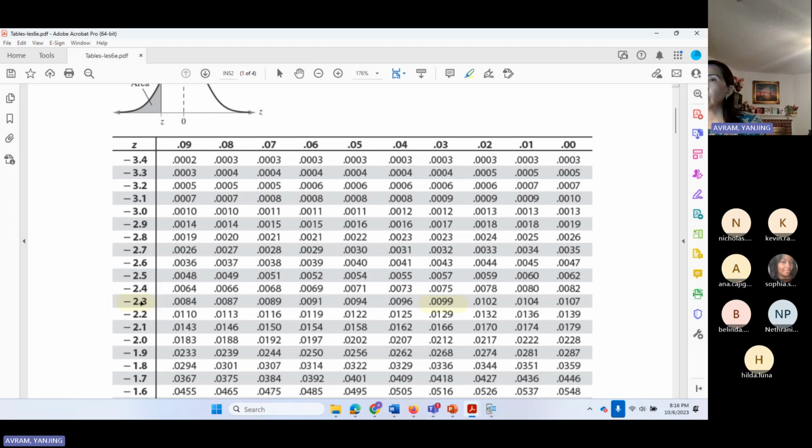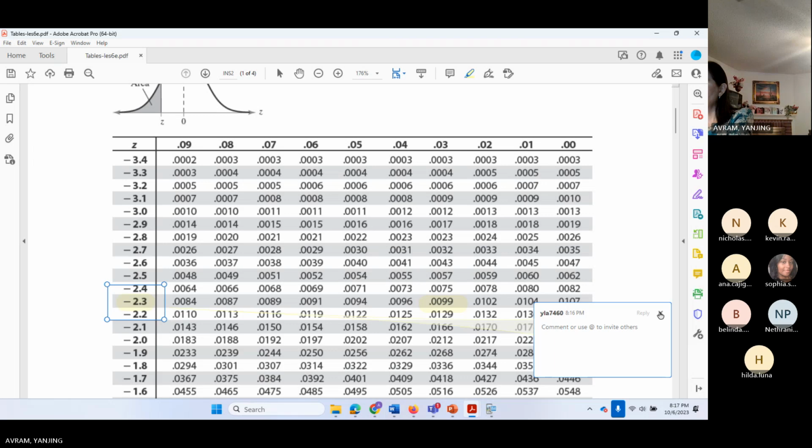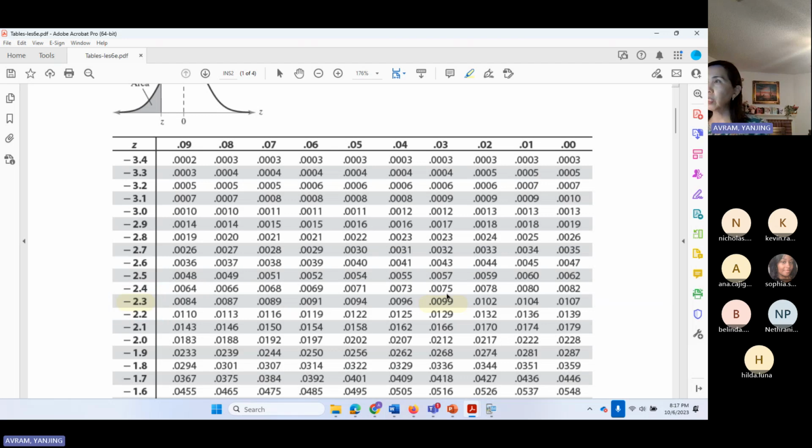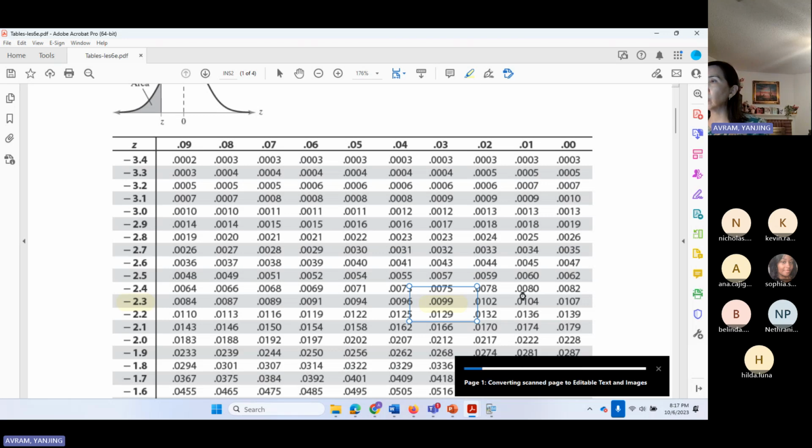All right, so 2.23. That's negative 2.2 in here, and then 2.3 right here.